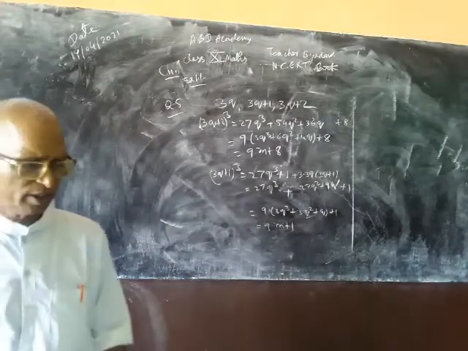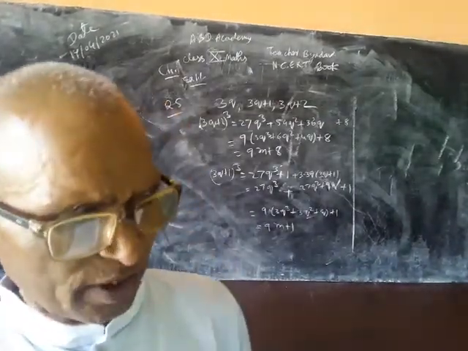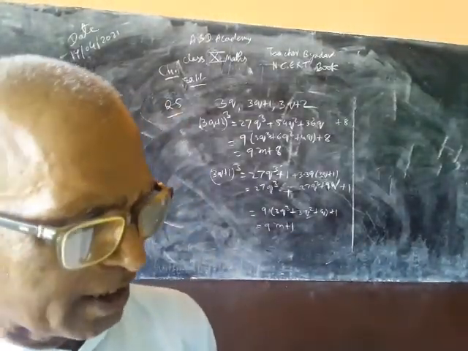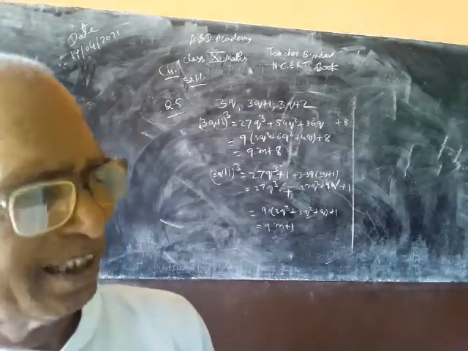Thus we have proved that the cube of any positive integer is of the form 9m, 9m plus 1 or 9m plus 8.